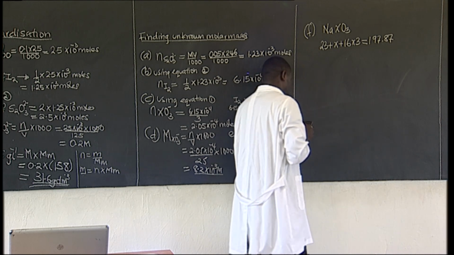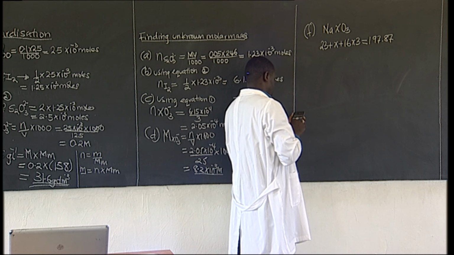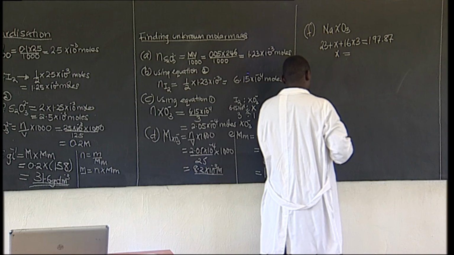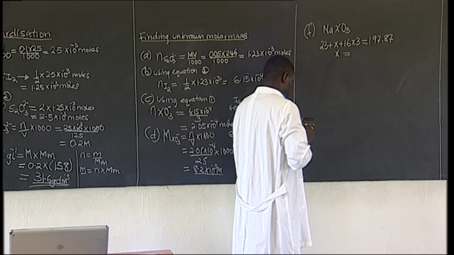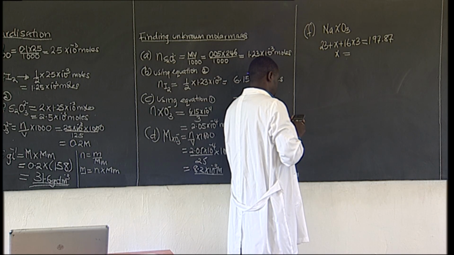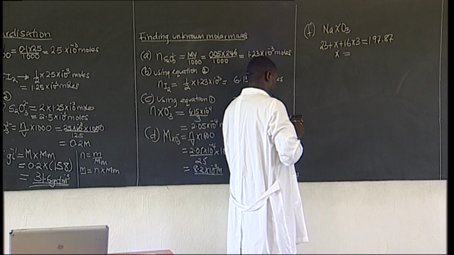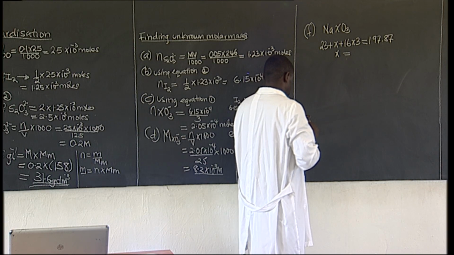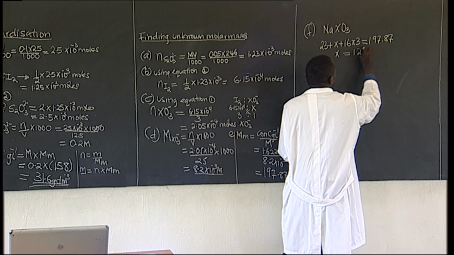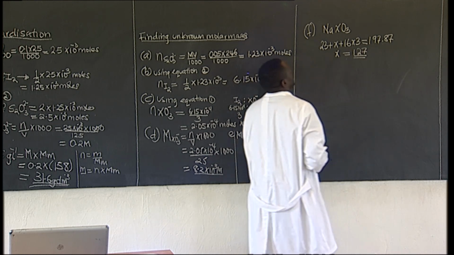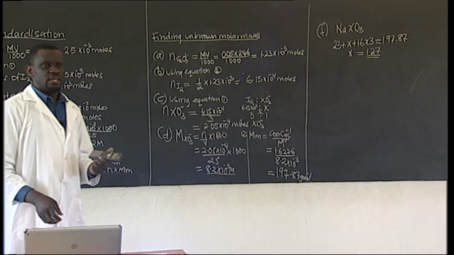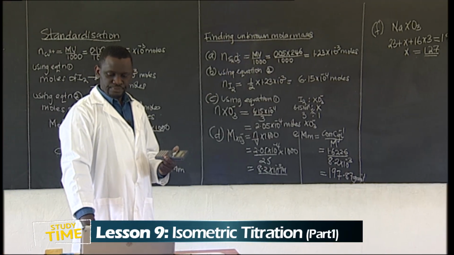So we calculate again: we have 23 plus 48. So our X will equal 23 plus 48 minus 197.87. So we shall have approximately 127. So it is easy even to recognize that actually our X is iodine. So that is our question.